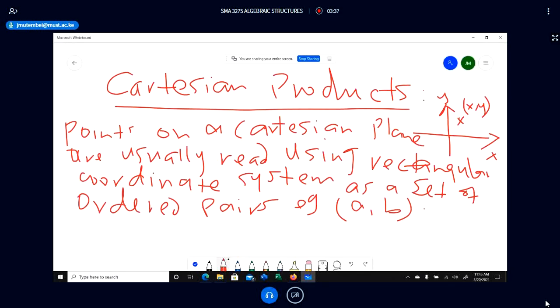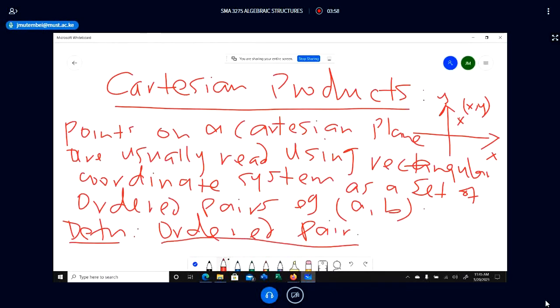So we shall define an ordered pair. We start by defining an ordered pair. What do we mean by an ordered pair?